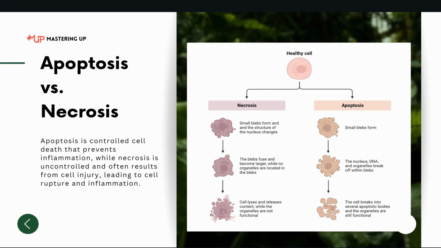While in apoptosis, you can see the breaking down of nucleus, DNA, and organelles. And then the cell breaks into several apoptotic bodies, and the organelles are still functional. So these are the differences between apoptosis and necrosis. We will see all these processes further in this course.